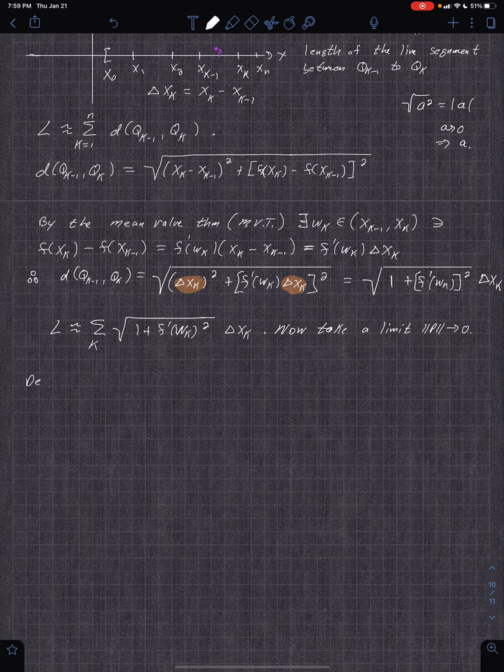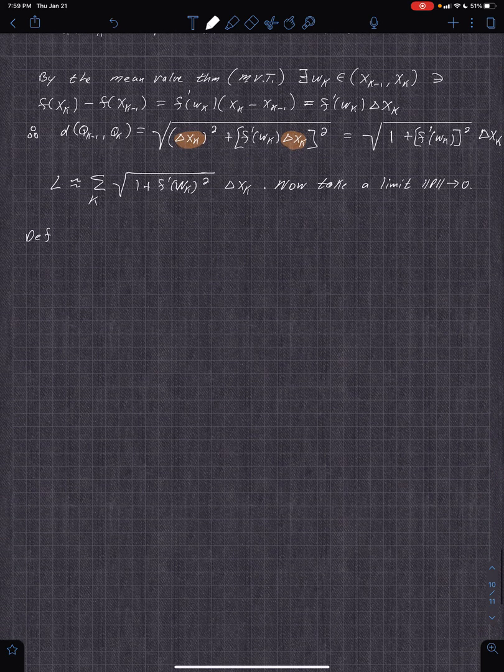So the definition of arc length, we say this. Setup's just smooth. So this is just a hypothesis, though. So let f be smooth on [a, b].